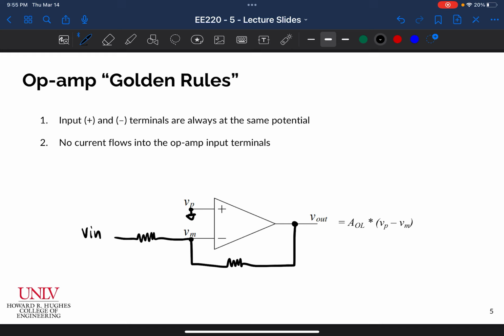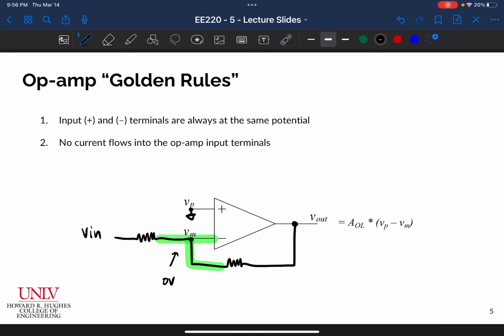What did I just say? I said two things. The first thing I said is that the two input terminals are always at the same potential. So if this VP is at 0 volts, which it is because I grounded it, then that means that VM also needs to be at 0 volts, okay? So if I go ahead and grab my highlighter, that means that this entire node is at 0 volts, right? That's important, 0 volts.